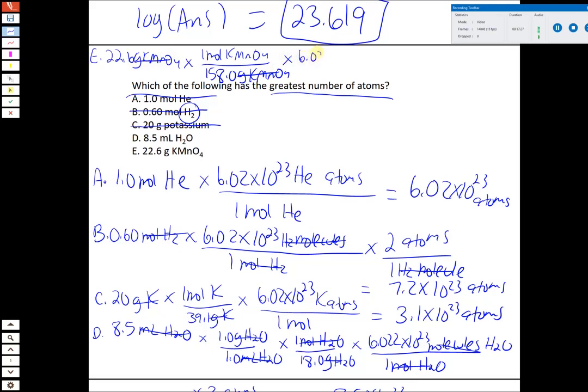Avogadro's number gives us how many formula units there are. This isn't really a molecular compound, but it's the same concept. So that's how many formula units, and then the number of atoms in KMnO4, we have 1 potassium, 1 manganese, and 4 oxygen, so that's 6 atoms per formula unit.